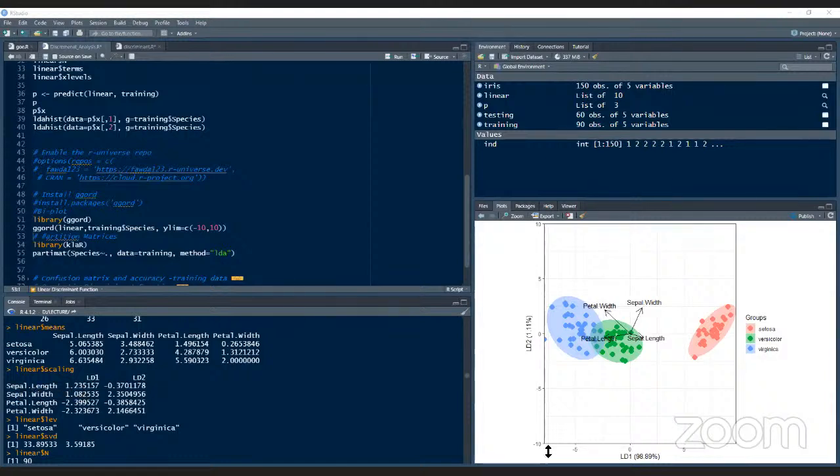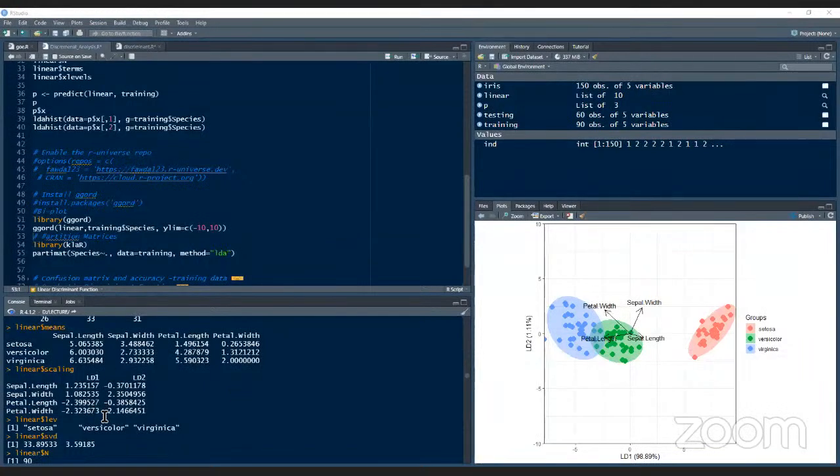So this is the x-axis for LDA1, and we see sepal length is in this direction, positive 2 for LD1. Then sepal width is also positive 1.08. You see sepal width is here, right of the 0 of LDA1. Now petal length and petal width are negative. You see they are on the left-hand side of 0 of LD1.